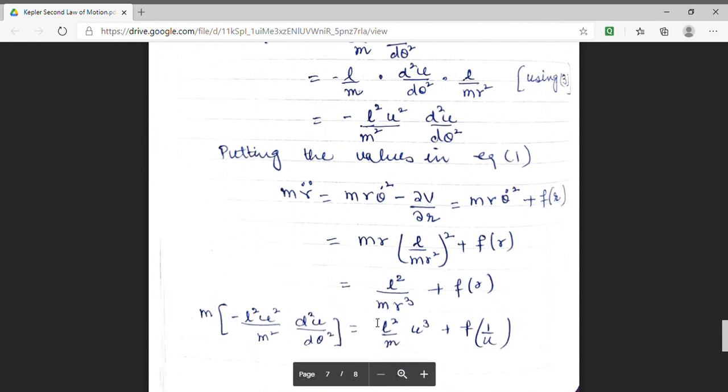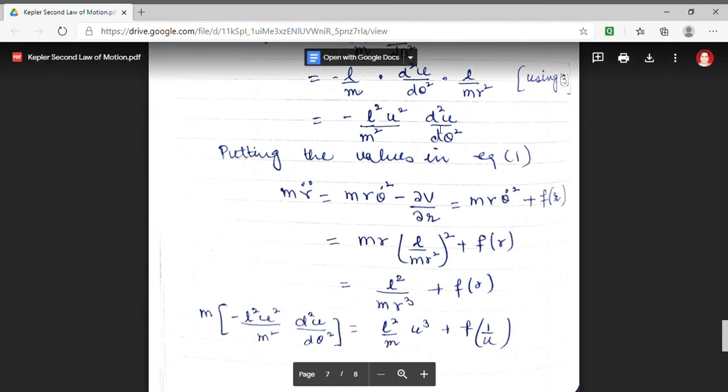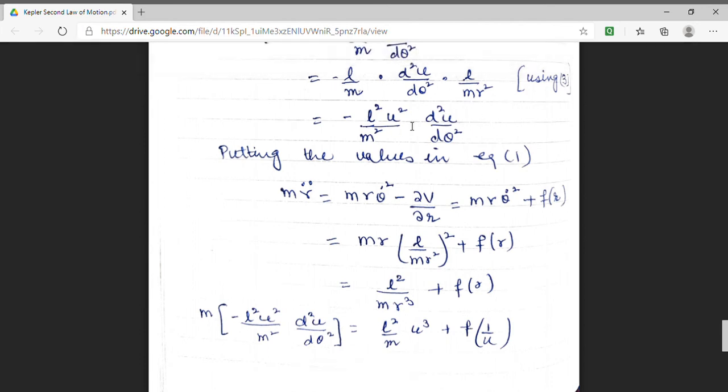Now I am converting r in terms of u. For this purpose, I have substituted the value of r double dot. This is the value of r double dot: −(L² u²/m²) d²u/dθ².